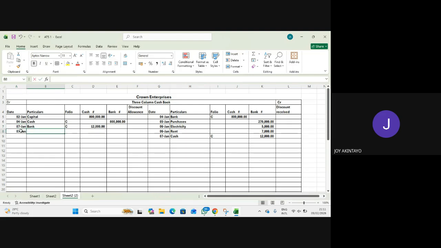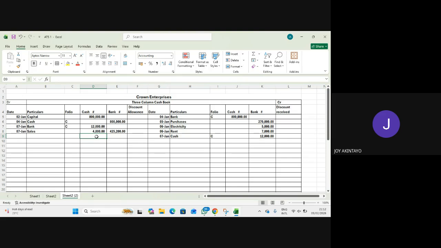So we debit our cash. Rather, it will be sales for 4,800, then the other one will be 425,200.